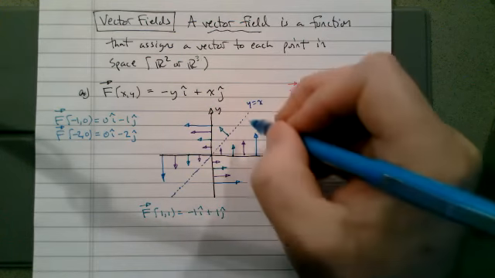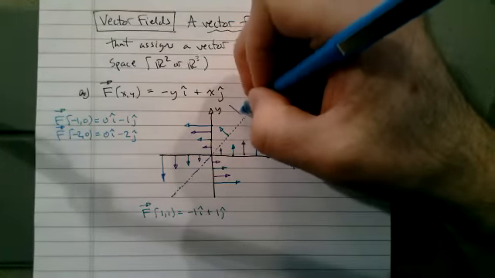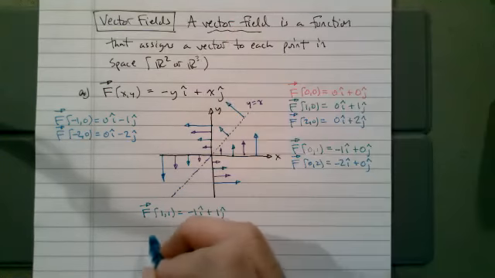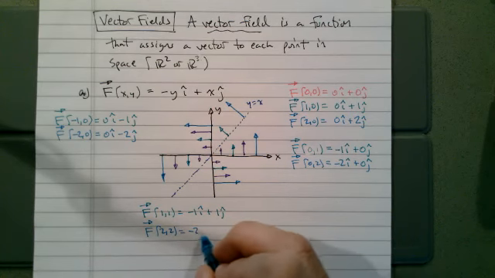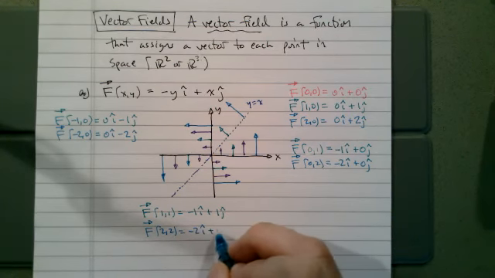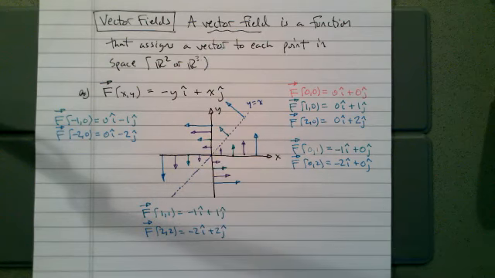And then at 2, 2, we'll have a vector that's just doing this twice as much. So we'll be going at negative 2i plus 2j. So in the negative x direction and the positive y direction.